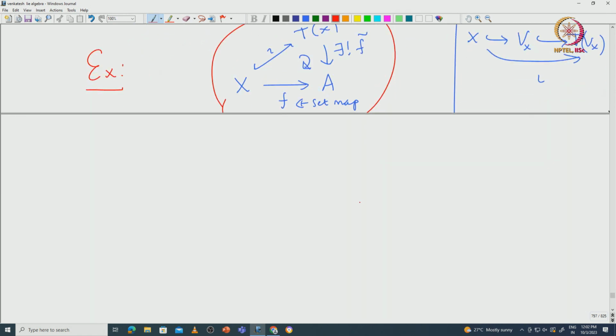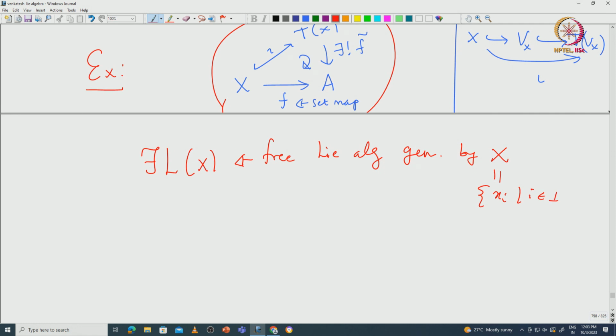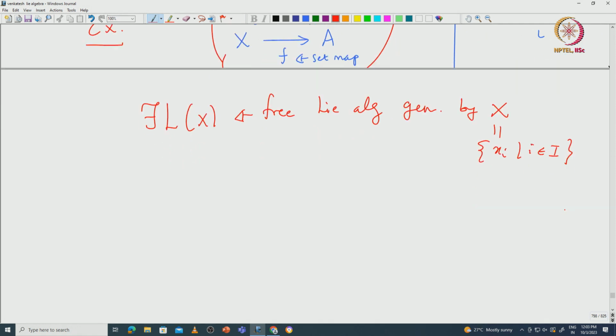So if we want the free Lie algebra generated by X, then what should one expect from this associative algebra construction? The free Lie algebra, first of all, is a vector space, so linear combinations of elements of X should be meaningful. And then you also want Lie products between them. The best way to denote the Lie product is just the bracket [xi, xj].